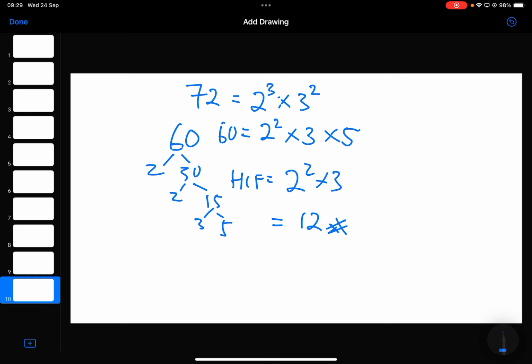Okay? Or I can relate it this way: which one do I pick? Do I pick 2 cubed or do I pick 2 squared? Do I pick 3 squared or do I pick just 3? I can use the word factor. In highest common factor, a factor is a smaller number.